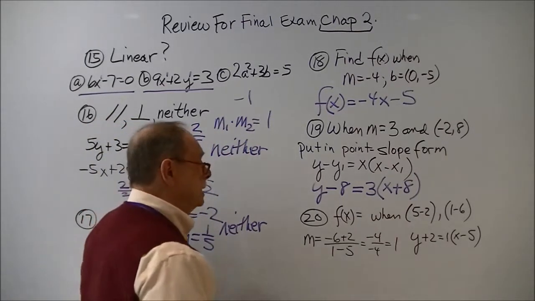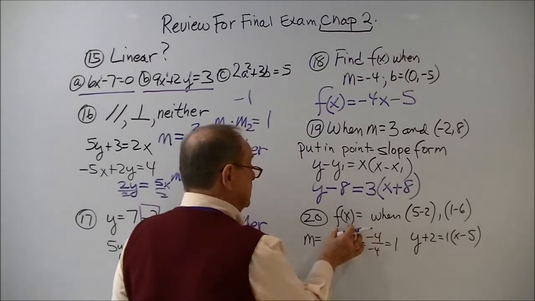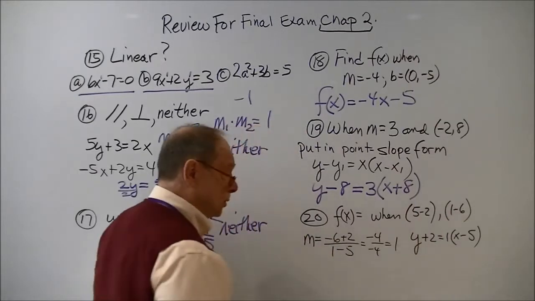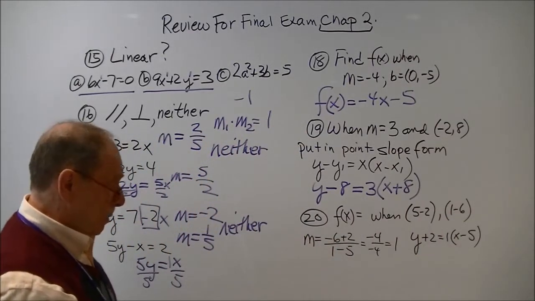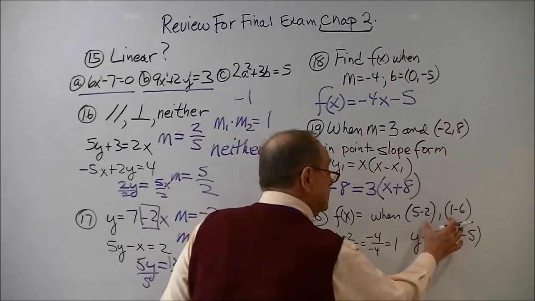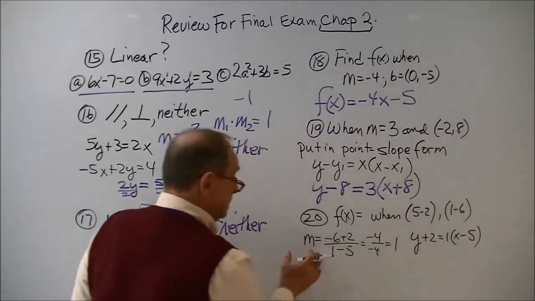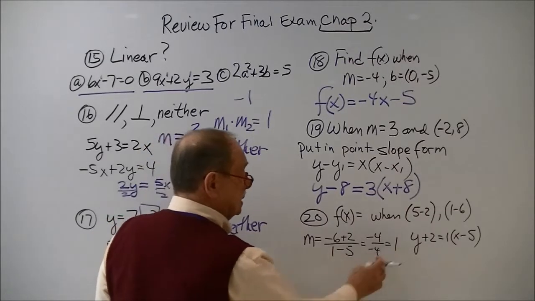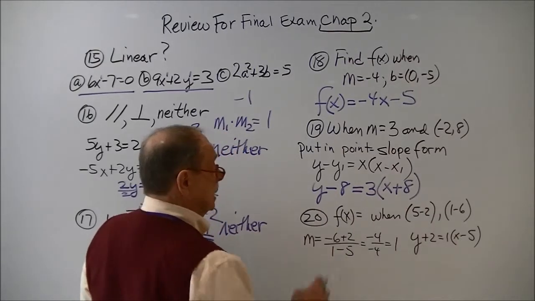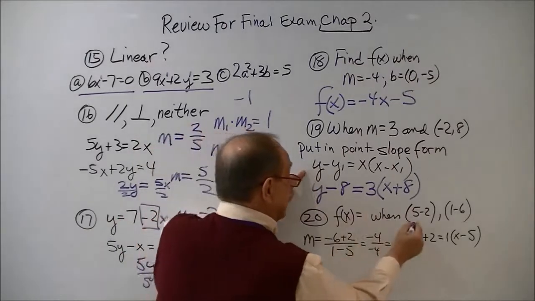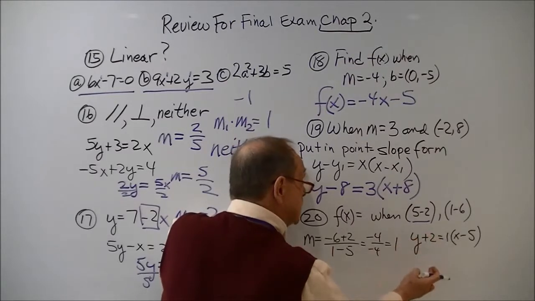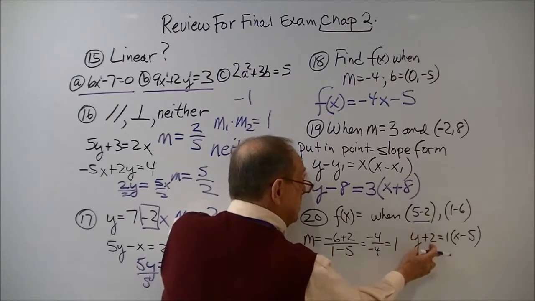For number 20, they want again an equation in function form when we have these two ordered pairs. Well, the first thing we have to do is find the slope of this, which I've set up to save a little time. And the slope is 1. Then we're going to use this form, and I'm going to use this set. So y minus a minus 2 makes it a plus 2, opposite sign.